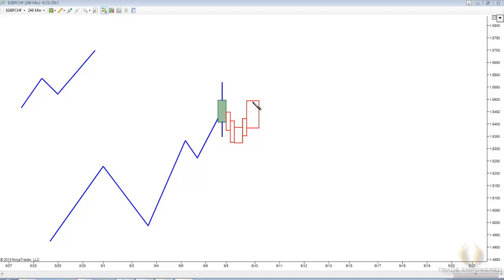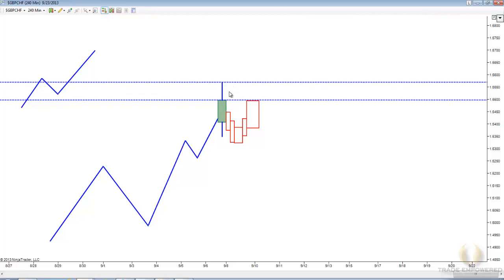First, the wick of the candle has to test the highest close of our trigger bar and cannot close above the highest high. So again, the wick of the candle has to at least test the highest close, so wherever this initial candle closes, and cannot break and close above the highest high.